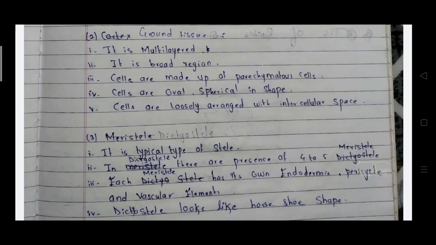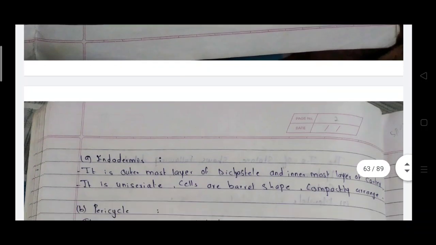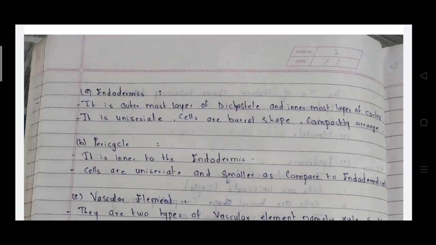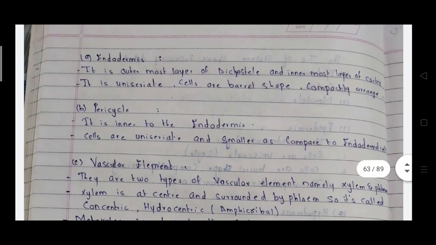So this dictyostele looks like a horseshoe shape. Then describe one meristele. In a meristele there are the endodermis, pericycle and vascular elements.